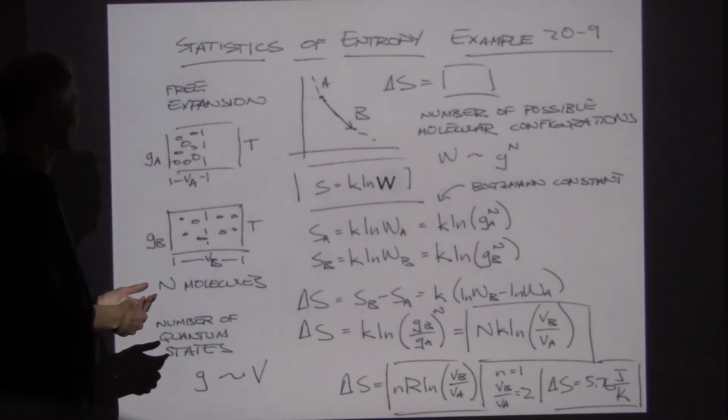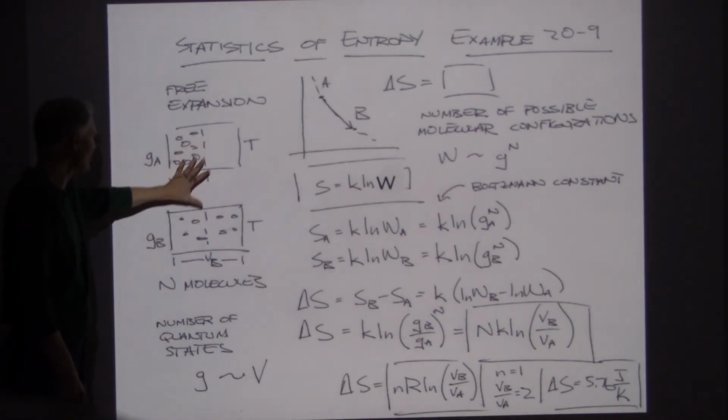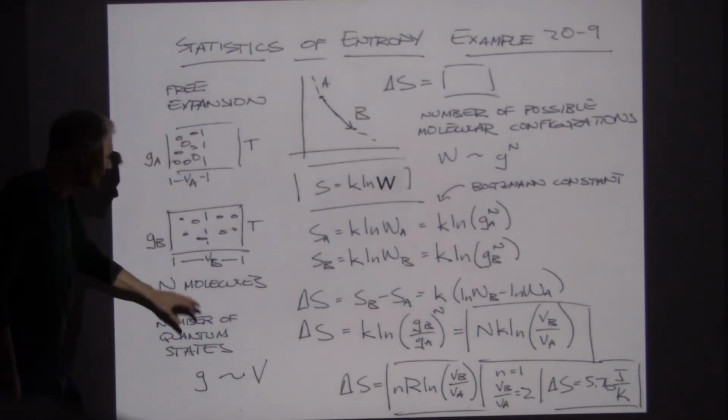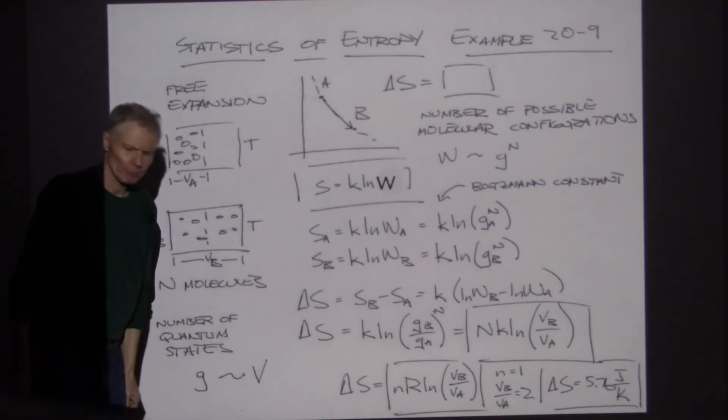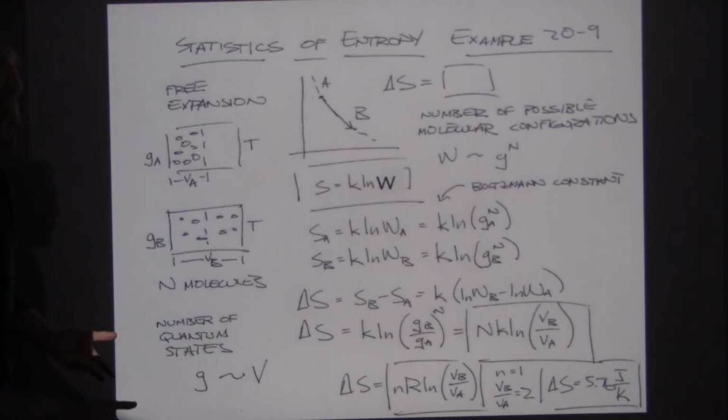That's kind of a simplification to use. So the number of quantum states available to these molecules is proportional to the volume. So there's more quantum states when the volume goes up.